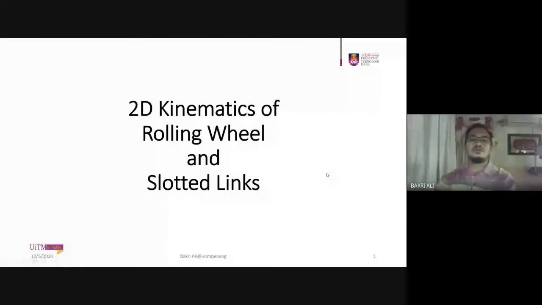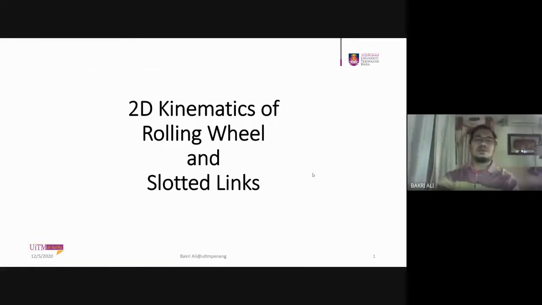Today we will continue our lesson in 2D kinematics with a more interesting topic, which is the kinematics of rolling wheel and slotted links. So far we have learned the three basic motions of rigid bodies.